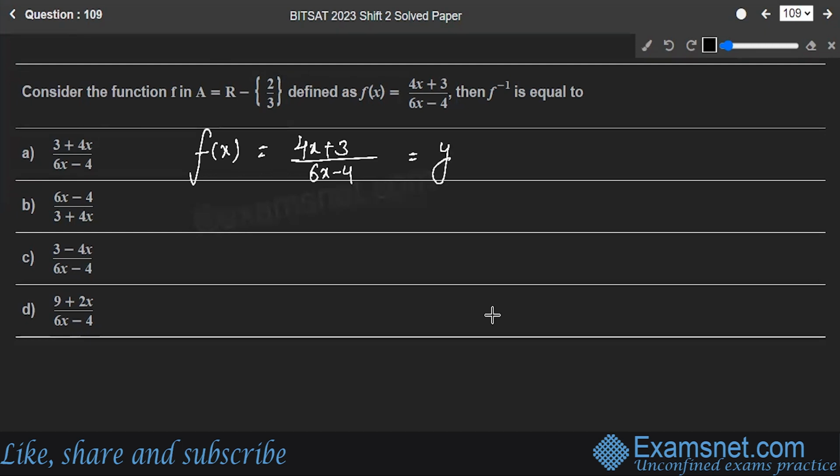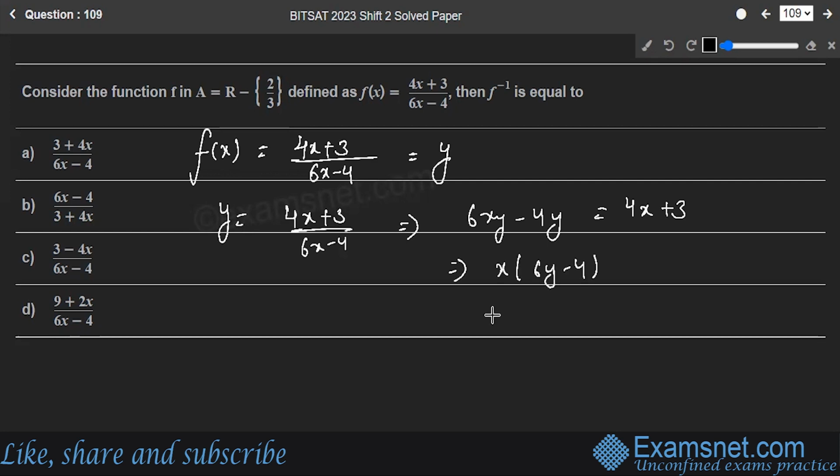Simplifying it, you have y is equal to 4x plus 3 upon 6x minus 4, or you have 6xy minus 4y is equal to 4x plus 3, or you have x into 6y minus 4 is equal to 3 plus 4y, or you have x is equal to 3 plus 4y divided by 6y minus 4.